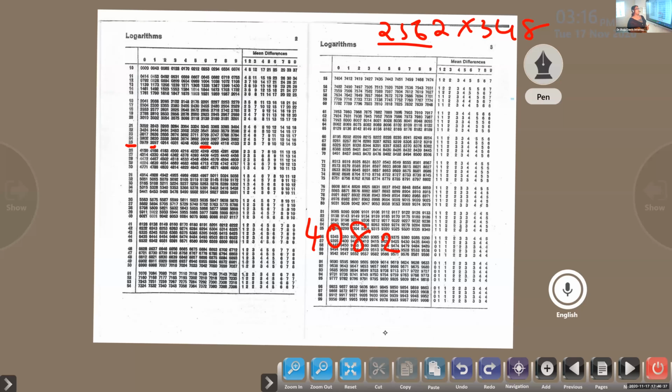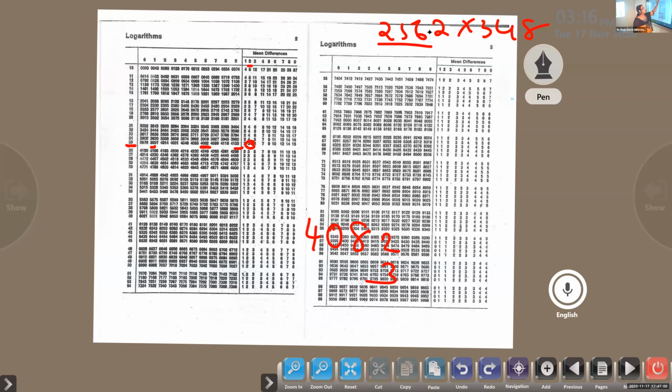Now, that is not all. One more thing is that you have to count how many digits are there. How many digits in 2562? It's 4. So when you want to write the complete logarithm, what is the next step? The number of digits minus 1.